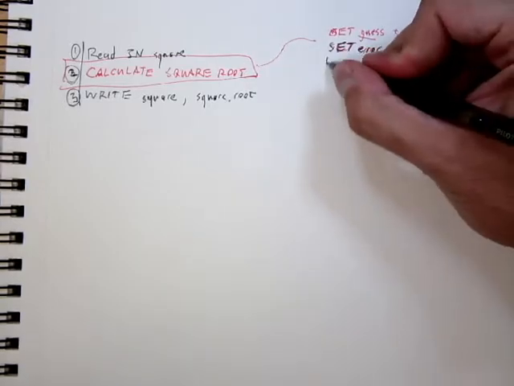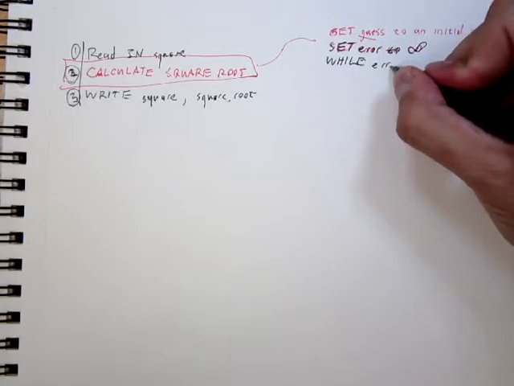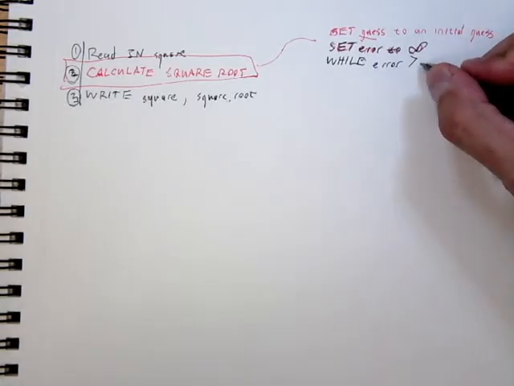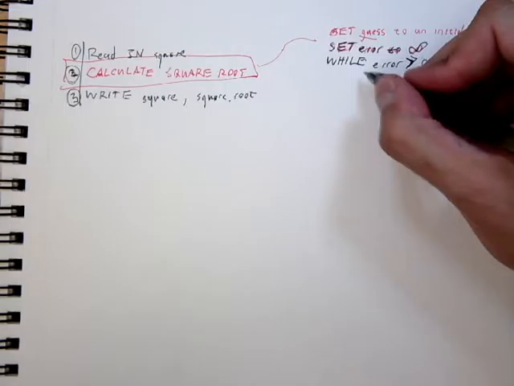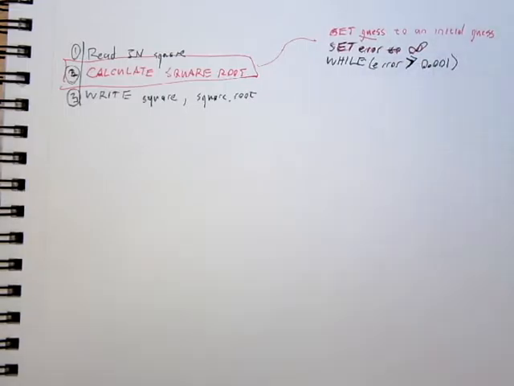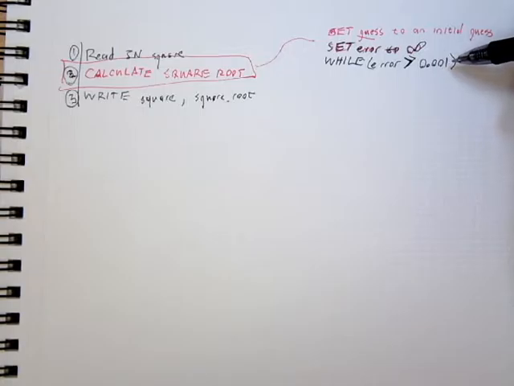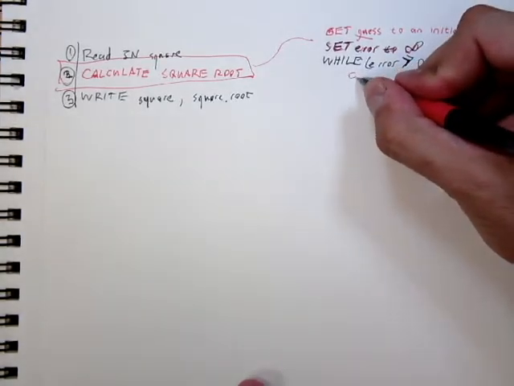And now we're going to go into this loop, as long as the error is greater than the maximum allowed error. So that's our tolerance. We want to be within 0.001 of the correct answer. So we set our error to something incredibly big, and then as long as the error is bigger than 0.001, we calculate a new guess.